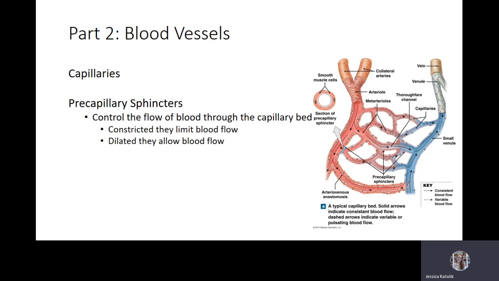So if you ever gotten really scared and your face became pale, what would happen is the arterioles and the precapillary sphincters would actually contract and create that paleness that you may experience, because less blood flow is going to the skin as a result.